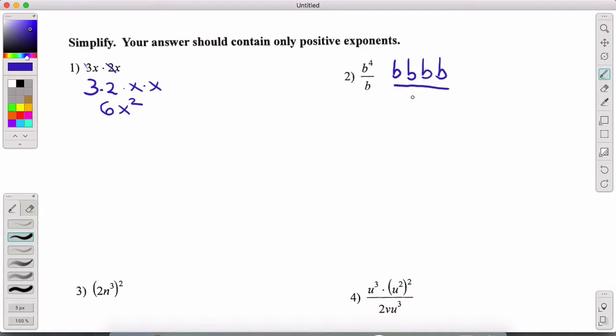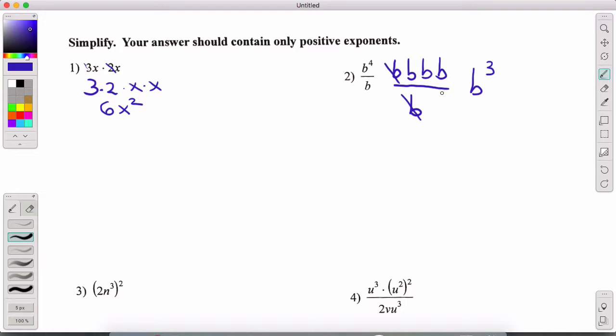And in my denominator, 1. I could then cancel, and I'm left with 3 b's in my numerator, b to the third power. To write that in simplest terms, I don't need to write over 1. I'm just leaving that as b to the third power.